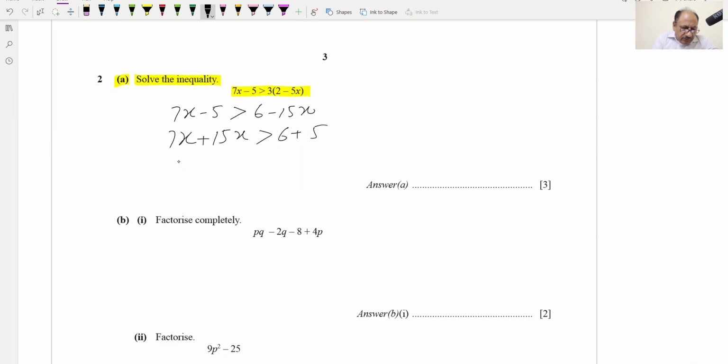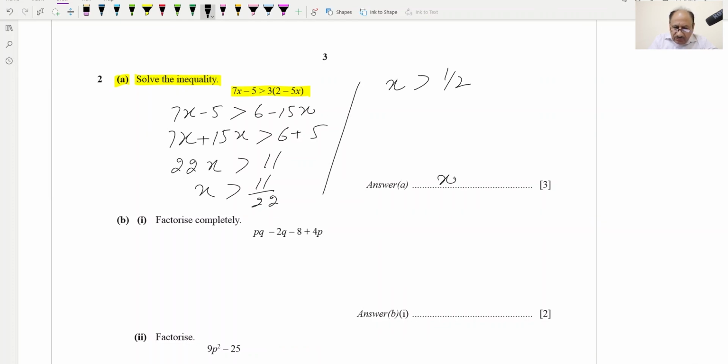So it will be 22x is greater than 11. So x is greater than 11 over 22, which is basically x is greater than 1 by 2. So this will be our answer, x is greater than 1 by 2. This is a 3 marks question which we are done.